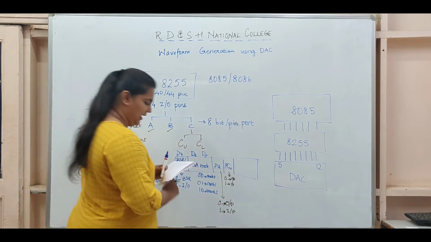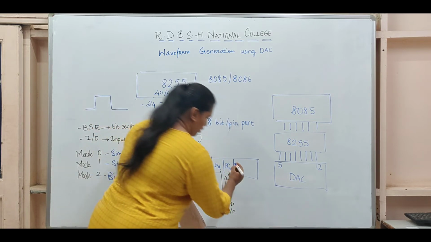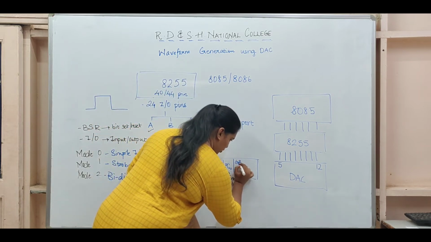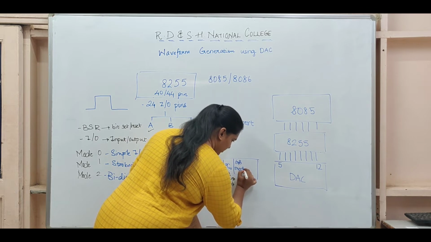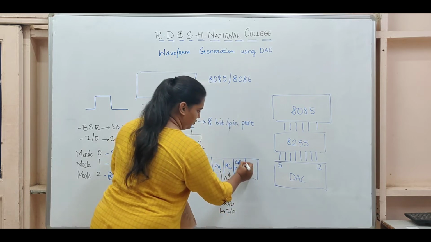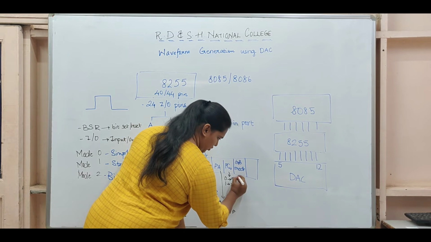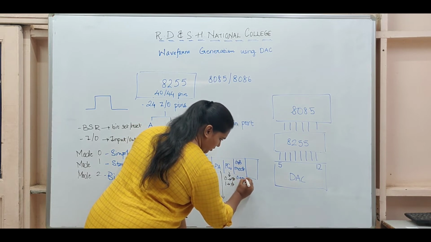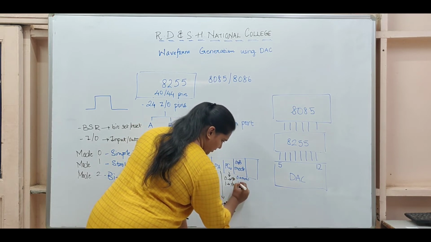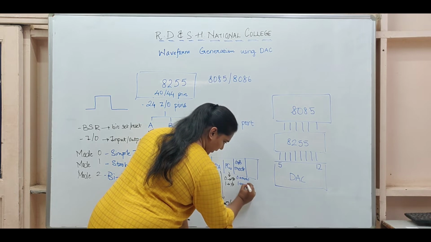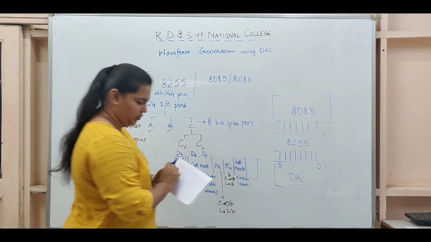Then next we have group B mode. Group B can work only in 2 modes, so it requires only 1 bit. If this is 0, it works in mode 0. If this is 1, it works in mode 1. It cannot work in mode 2.